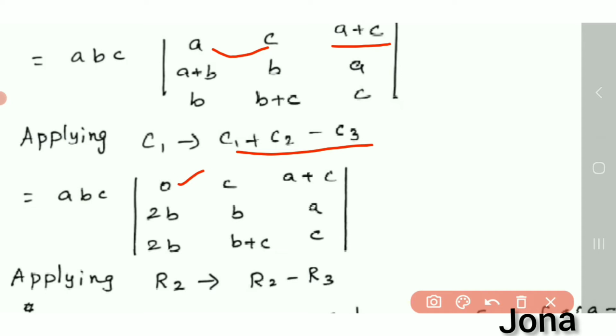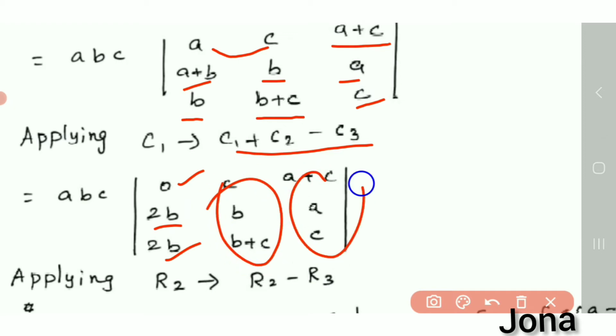Then here a plus b minus of b plus a, that means a and a will get cancelled, so that we had 2b alone there. And then here b plus b plus c is 2b plus c, minus c, that is nothing but 2b only. We had to keep C2 and C3 as it is. Only C1 we had changed here.